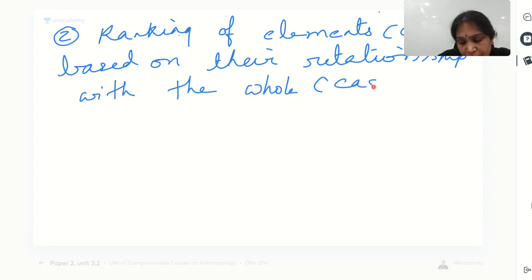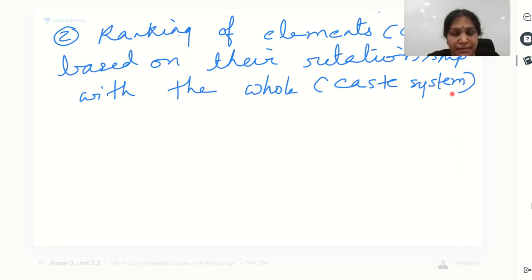Here the elements are castes, so one element is one caste. The whole is the caste system, that is all the castes together. On what basis are we giving ranking? Based on its relationship with the whole. If one caste has a strong relationship with the whole, it gets a better rank. Those elements which do not have a strong relationship with the whole will have a lower rank. Now let us see what this means.